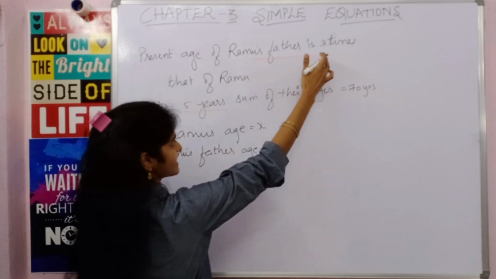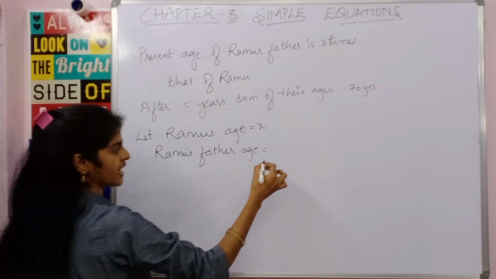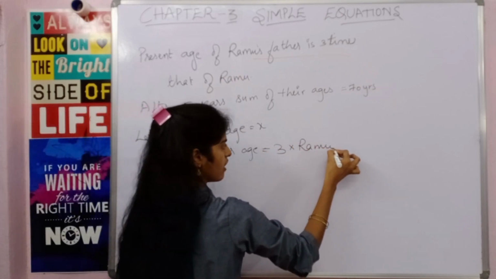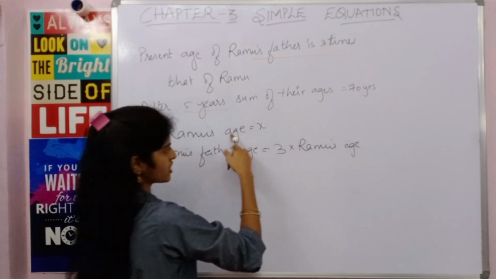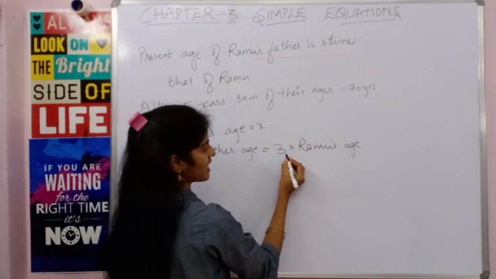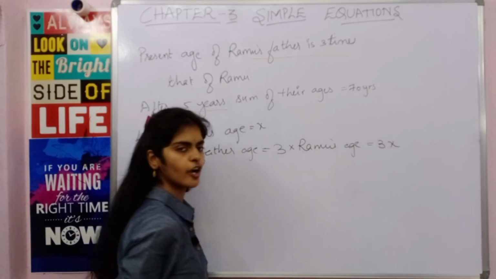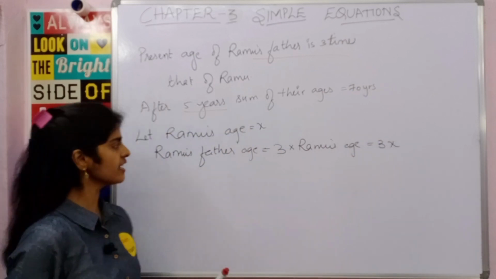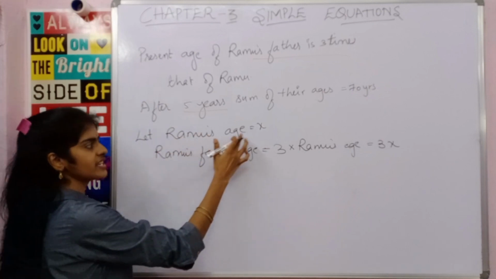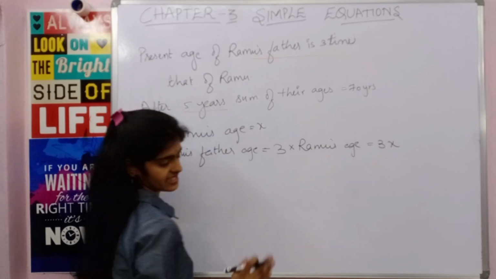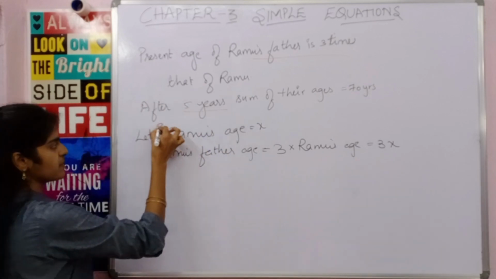Ramu's father is 3 times that of Ramu's age. Ramu's age is x, so Ramu's father is 3 times x, nothing but 3 into x. Clear? So now the present age of Ramu is x, and Ramu's father's present age is 3x. So these are nothing but present ages.